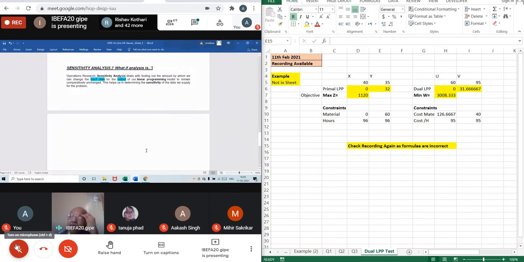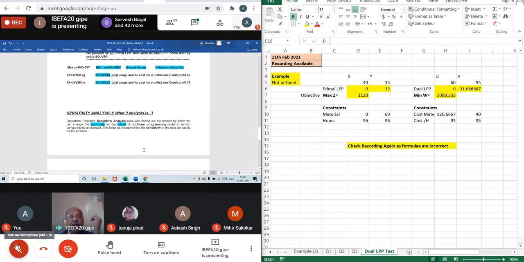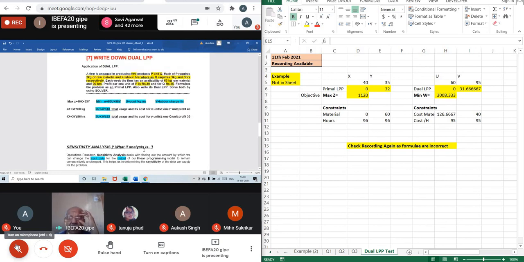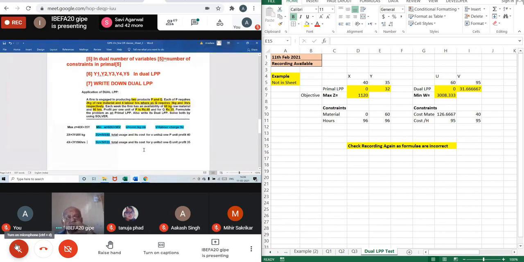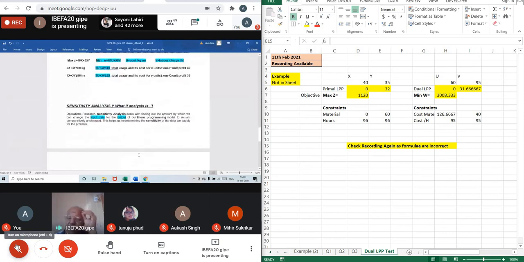You might have given an order for material, but you may not get the same material. You may get some different material. Accordingly, the constraint will change. So this type of work is what we are going to do in our next week class. Easy, very easy. I will help you.